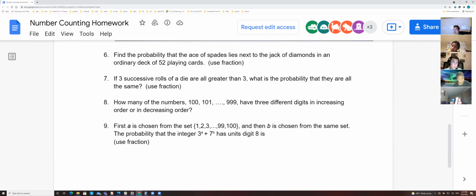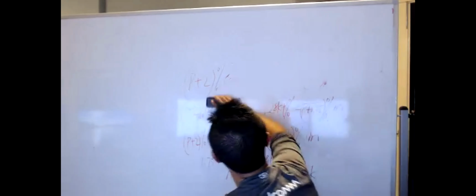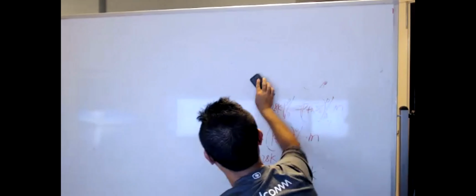Okay, so the way to do this problem is, let me stop just a little bit. So we're thinking about 52 cards here. The two cards are always together, so let's say we staple them together into one.